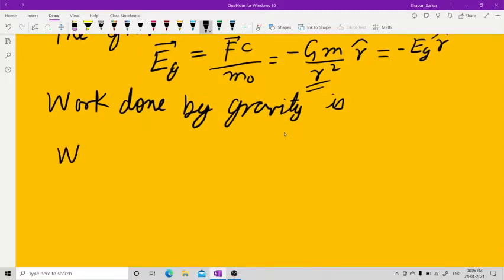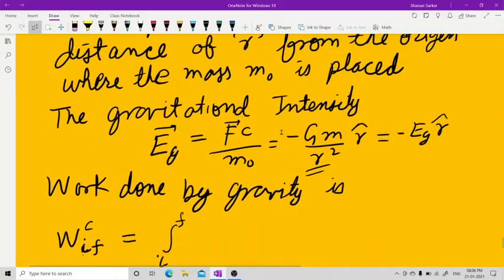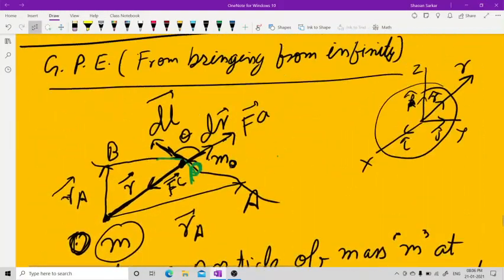WC from initial to final positions. Supposing my initial position is this, let me draw this with some color. This is my initial place, and I'm going till here, the final place.